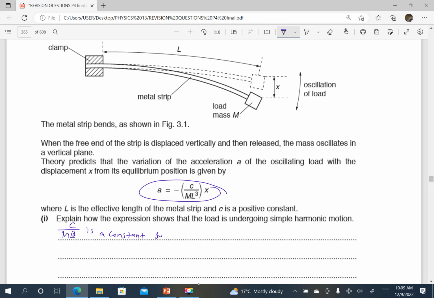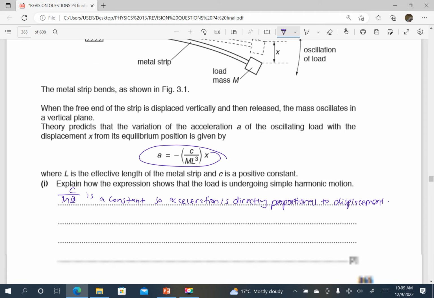What does that mean? So acceleration is directly proportional to displacement. That's number one. Number two, we see a minus sign here. So the minus sign indicates that the acceleration and displacement are always in opposite directions.